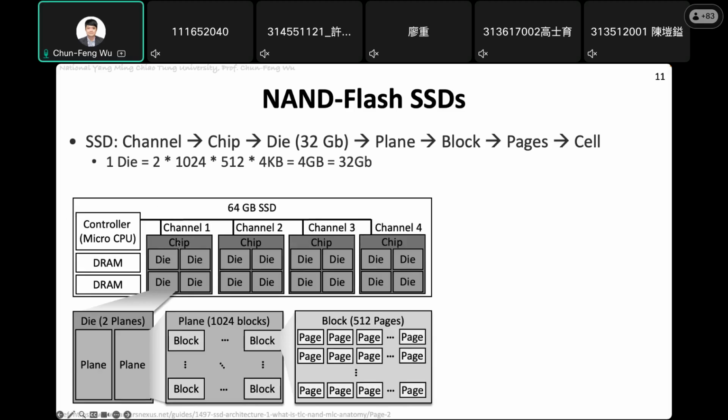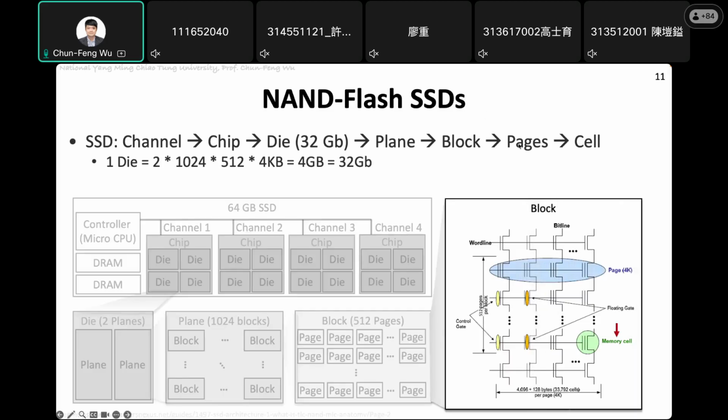If your data is in this die and this die, they are on different channels, so you can send the data at the same time, right? But if your data is in the same chip, then the parallelism will not be that high, because you share the same channel. When too much data is being sent across these channels, there is congestion in this kind of data transfer.